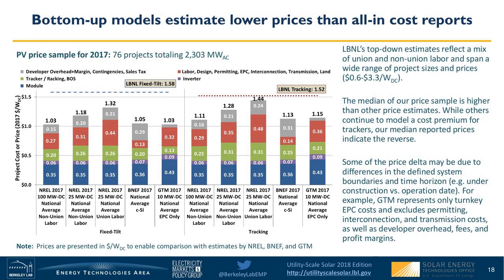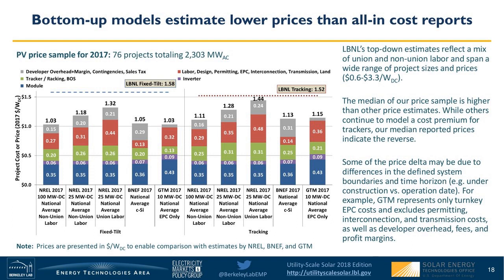And so what we do is we have a final transaction price of, I don't know, maybe $20 million or so, and then we look at how big the project is and then come up with a dollar per watt price for this particular project, whereas others who use these bottom-up models track prices for individual components and then stack them up, usually verifying them with some interviews with developers. But often those prices represent maybe best-in-class prices and not typical prices for all projects across the entire spectrum that are built across the United States.